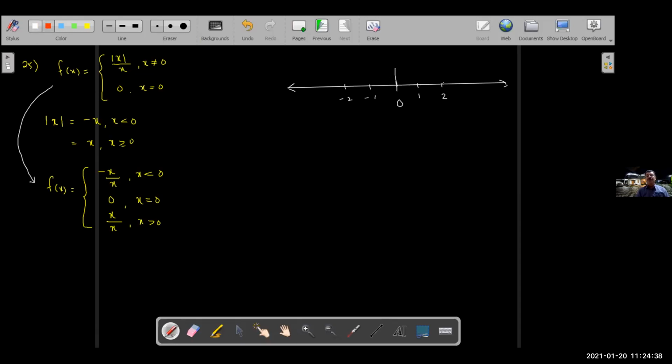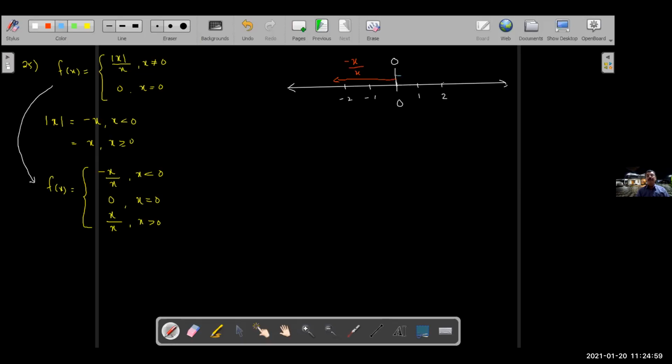Towards left of 0, it is minus x by x. At 0, it is 0.